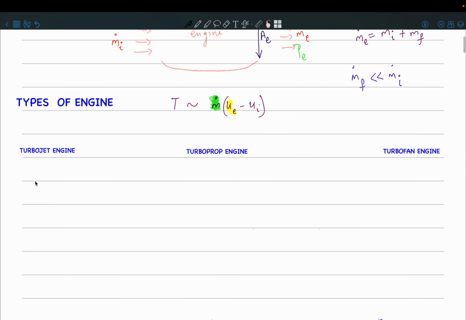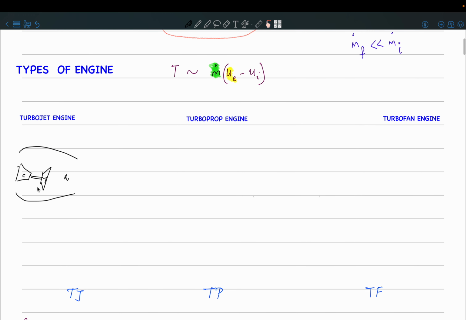So if I just draw a schematic of a turbojet here, you have a compressor and a turbine, and then you have a nozzle here. Okay, and there is a combustion chamber. Now for a turboprop engine, it is the opposite thing. So we don't try to increase UE, but instead we try to increase m dot.